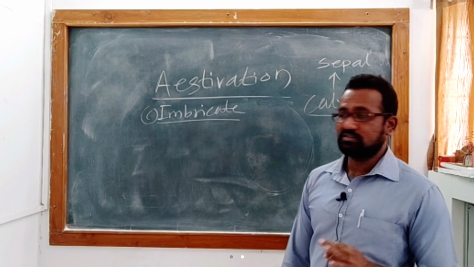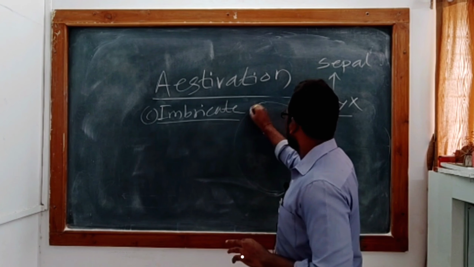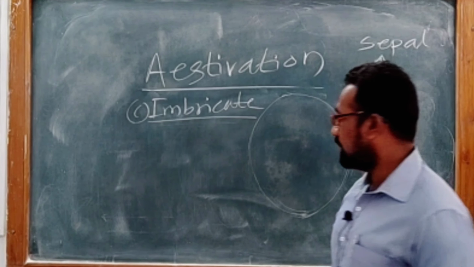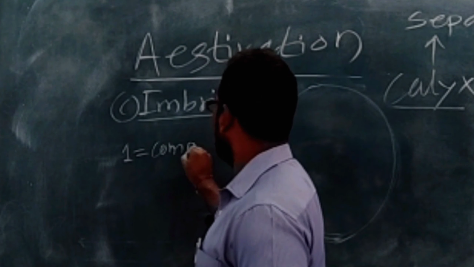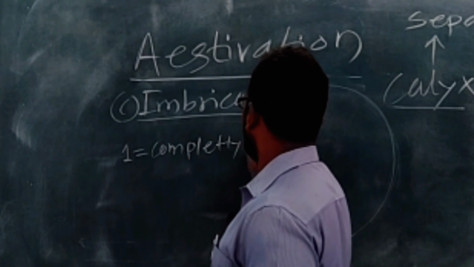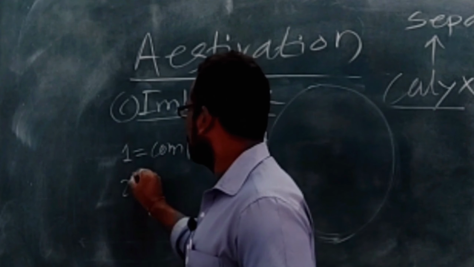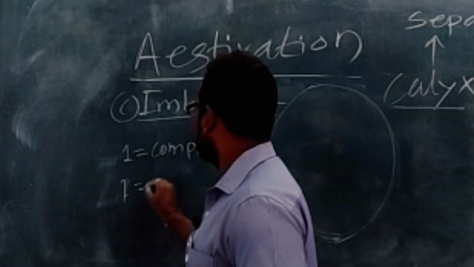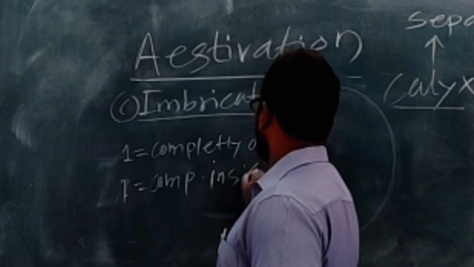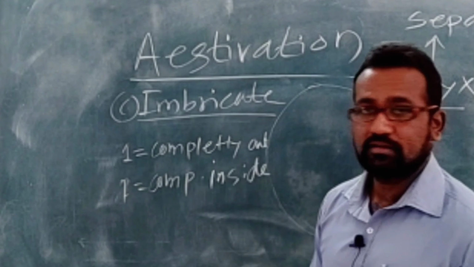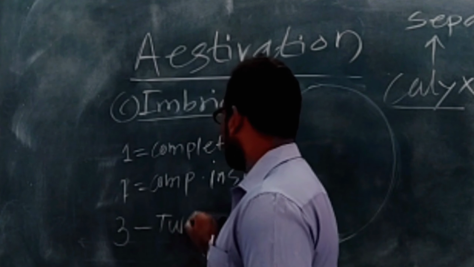In imbricate aestivation, if you draw a circle once again, here you have to remember that one sepal is completely outside, one sepal is completely inside, and the remaining 3 are like twisted.